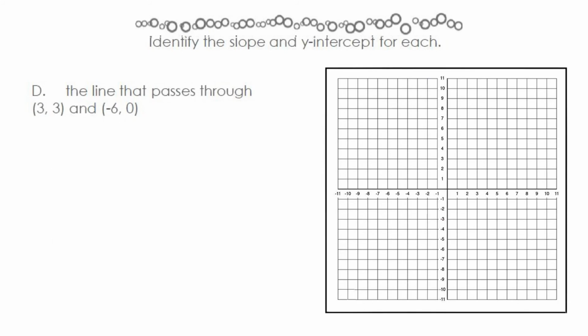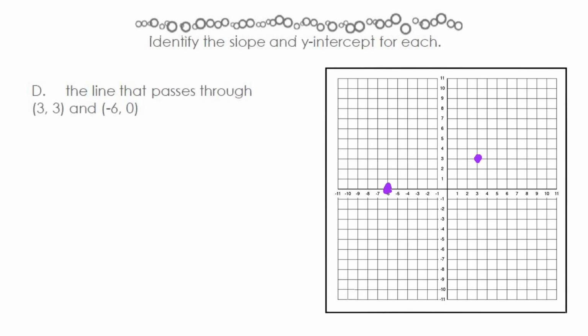Here's an example that says draw the line that passes through 3, 3, and negative 6, 0. So we're going to plot 3, 3. So we go to 3 and up to 3, and then negative 6 and 0. So negative 6 and 0 is right here. So now identify the slope.